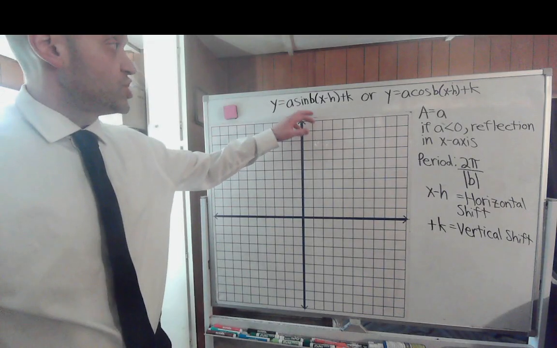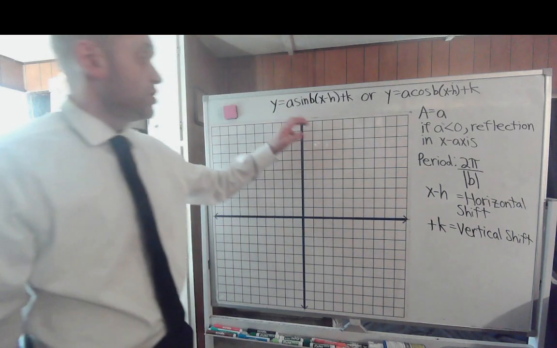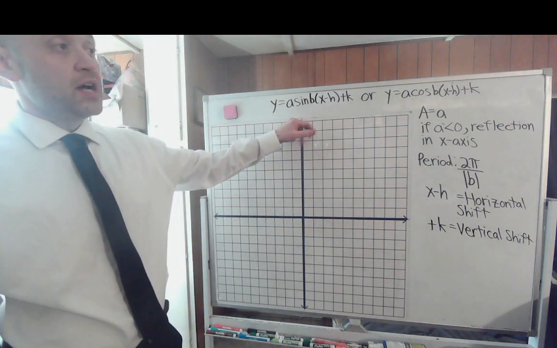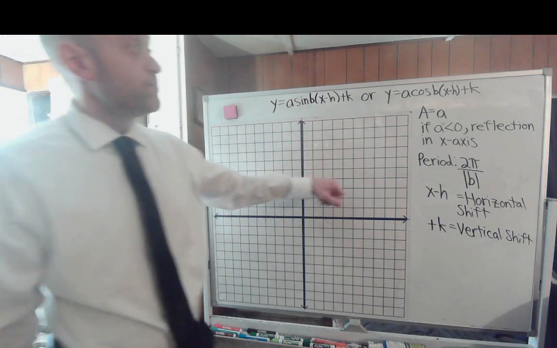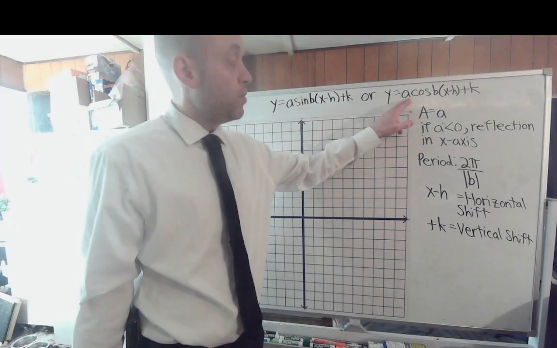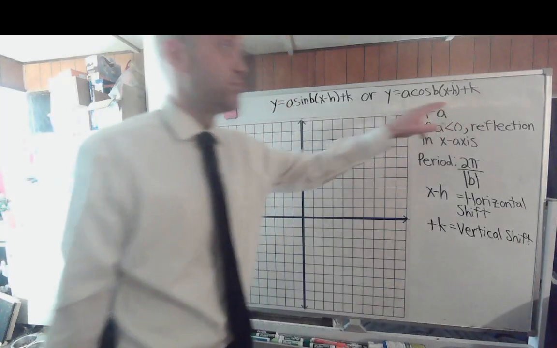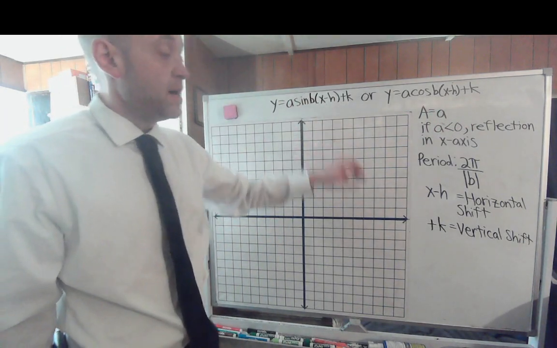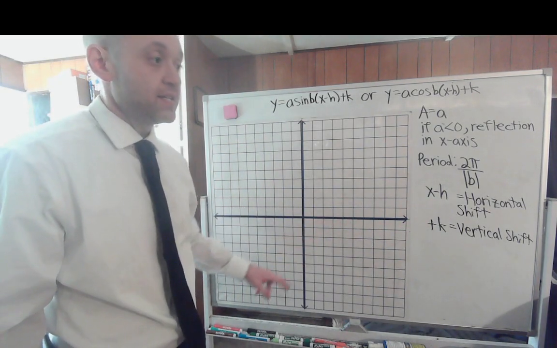You can have shifts where you're shifting horizontally, so you have y equals a sine of the quantity b times x minus h plus k, or y equals a cosine of b times the quantity x minus h plus k. That x minus h denotes a horizontal shift along your x-axis.